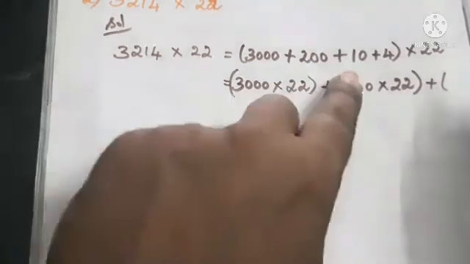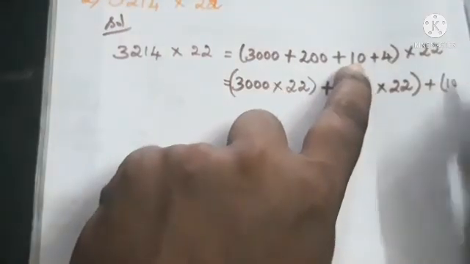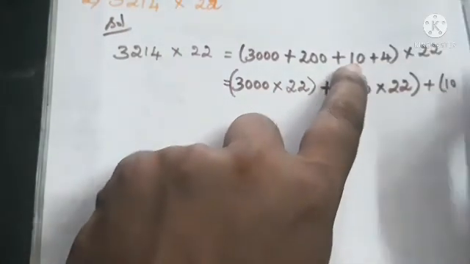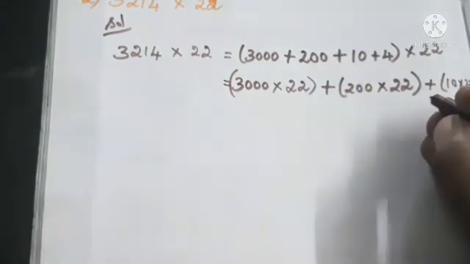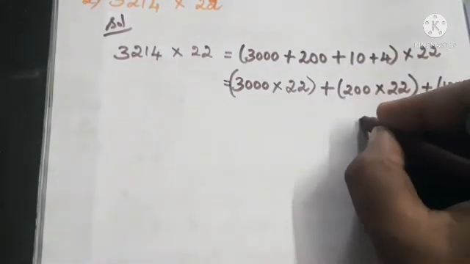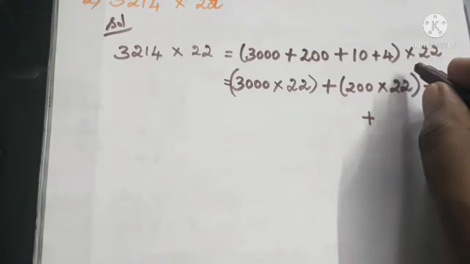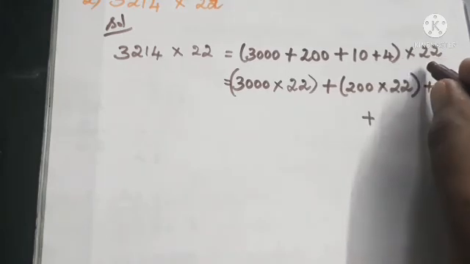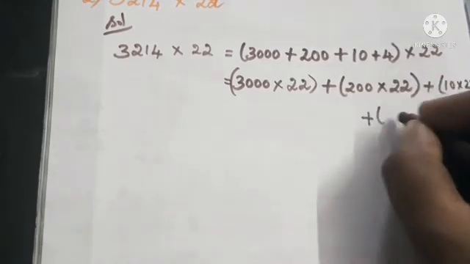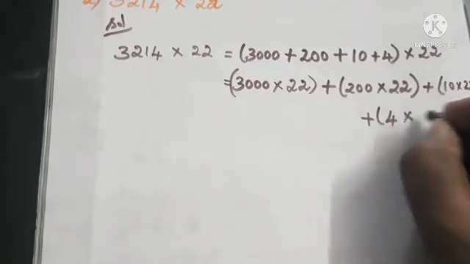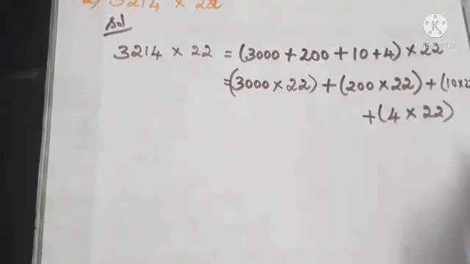The next value is 10, so I have to multiply the 10 by 22. So 10 into 22. Close the bracket. Put the plus symbol. The next is 4 into 22, so we open the bracket and write 4 multiplied by 22. Understood this?